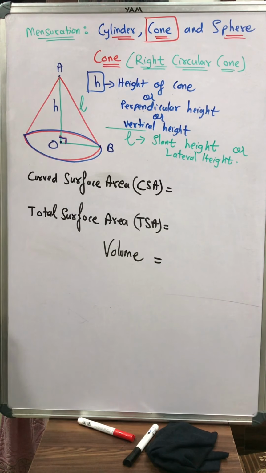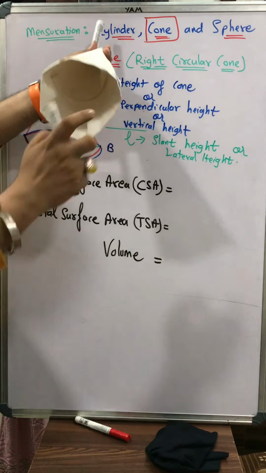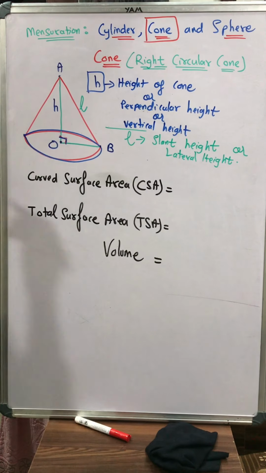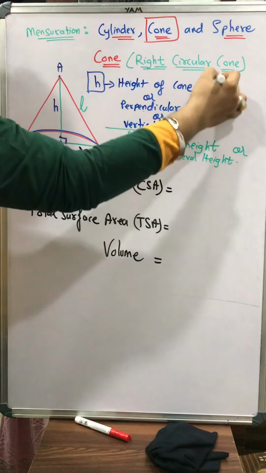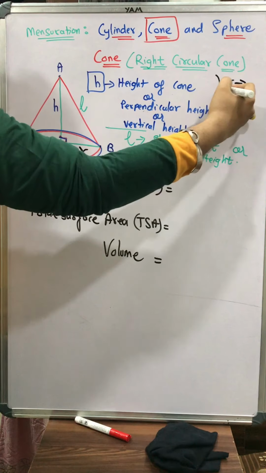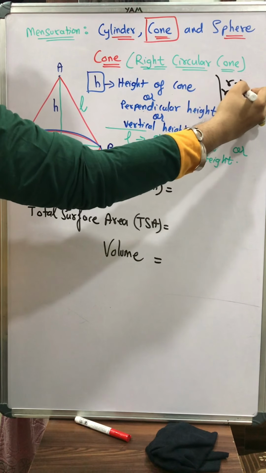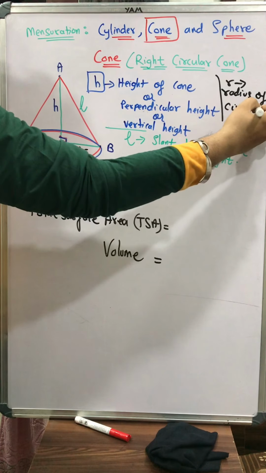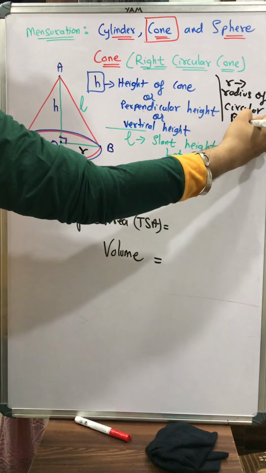Okay, and this we all know. As I told you, in a cone there is always a circular base. We have an even circle here. So this OB is the radius. OB is the radius that we all know. So r is the radius of the circular base.